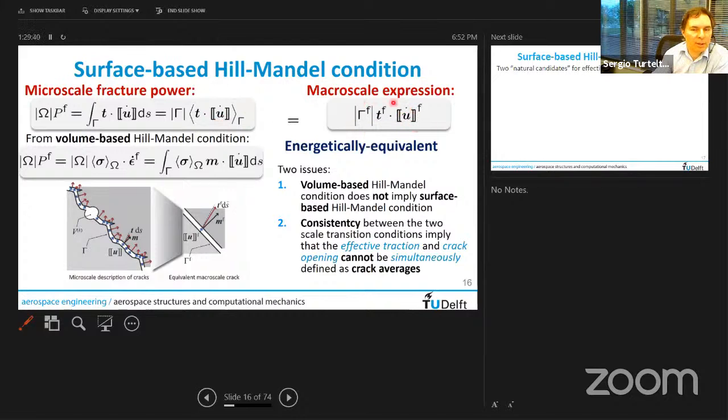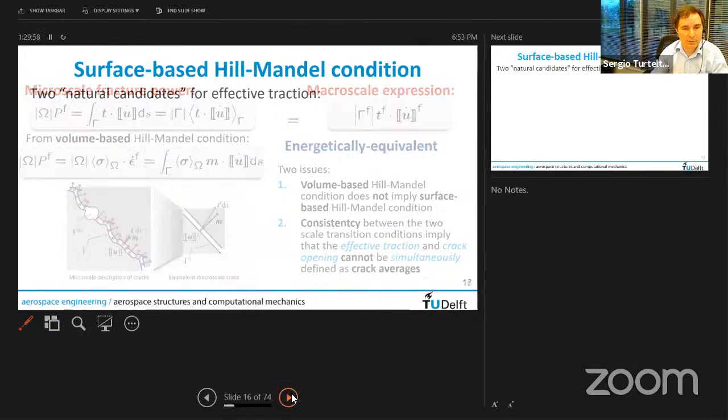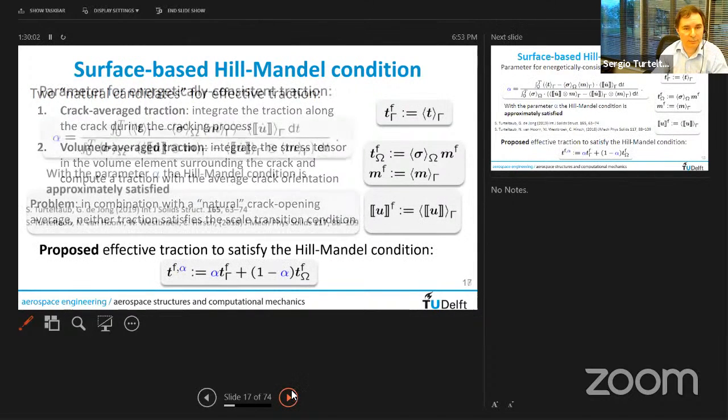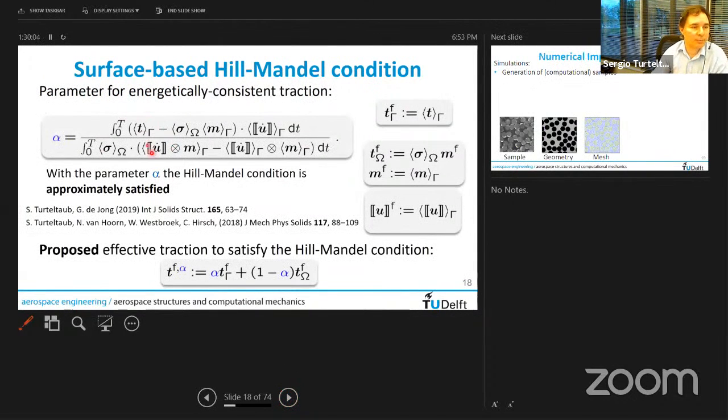This one is not defined yet exactly. This one is defined only up to a parameter alpha. However, because I want this to be equal to that approximately, that gives me a condition to determine what the alpha should be. So there's an optimal alpha, and that is given in this expression here. This expression is what allows us to compute the alpha.